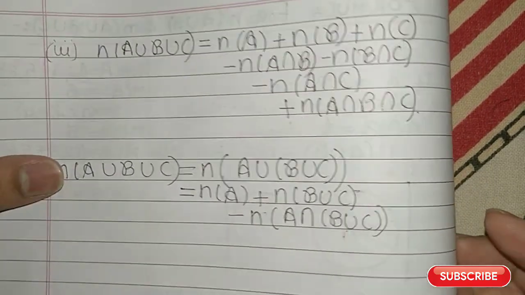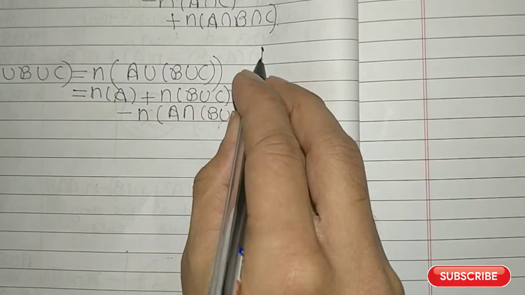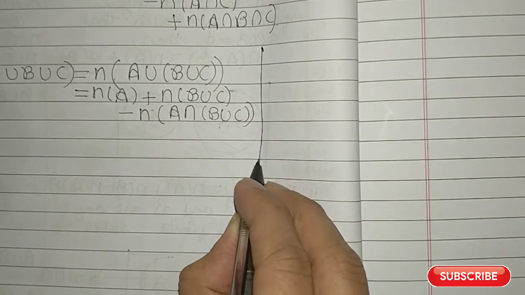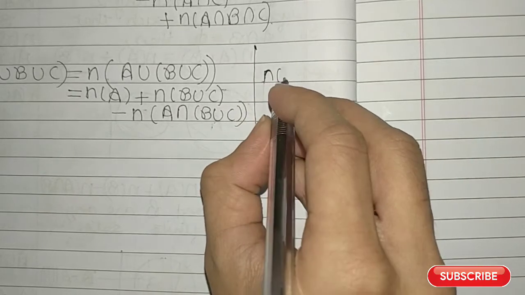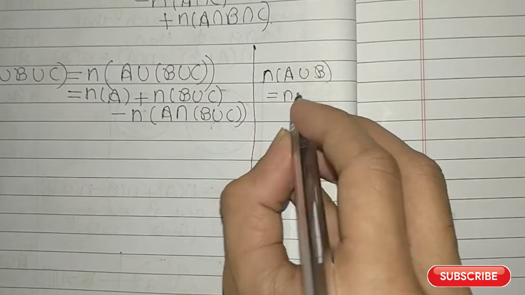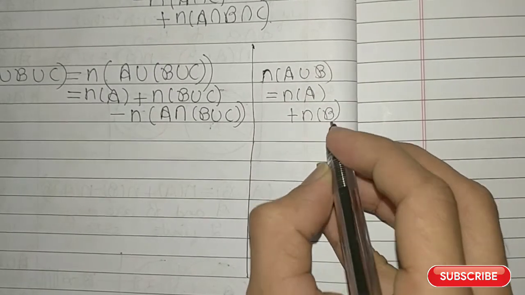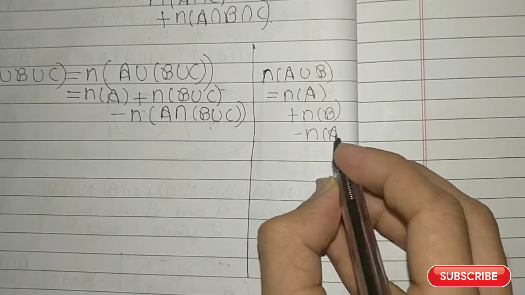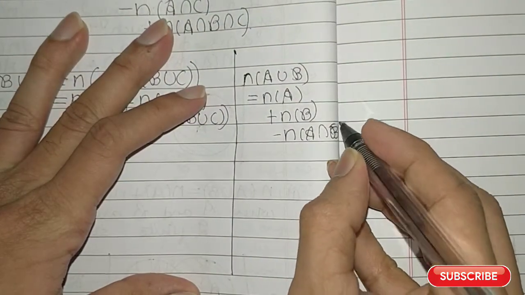See, formula number 2 is n(A union B) is equal to n(A) plus n(B) minus n(A intersection B). Okay, this is the formula number 2.